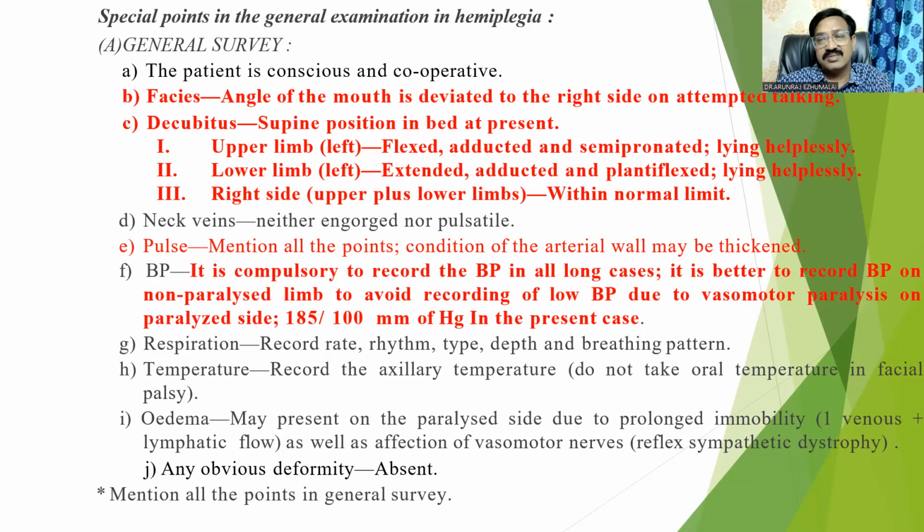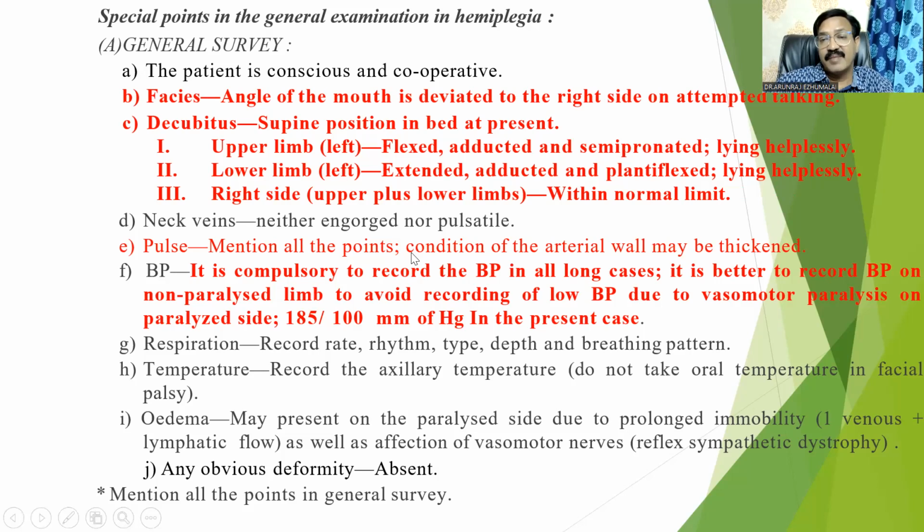So in a case of hemiplegia, one limb will be normal, and in the other limb the patient may keep the hand flexed, adducted, and semi-pronated, and the wrist also flexed. In the lower limb, the hip will be extended, adducted, the knee will also be extended, and the foot plantar flexed. These are the points you can see in the general examination, and you can tell the position of the patient at present.